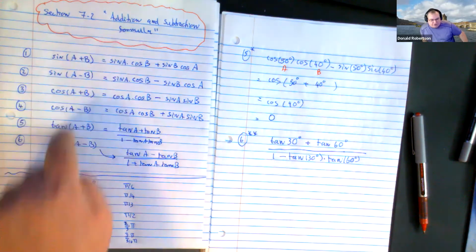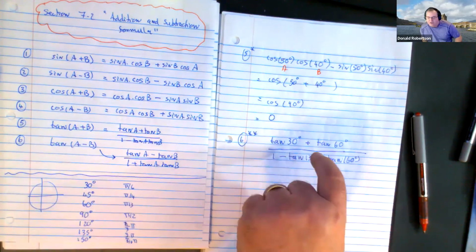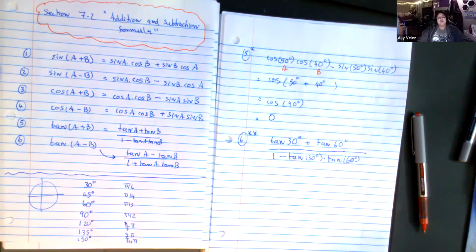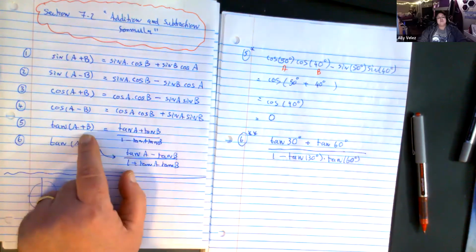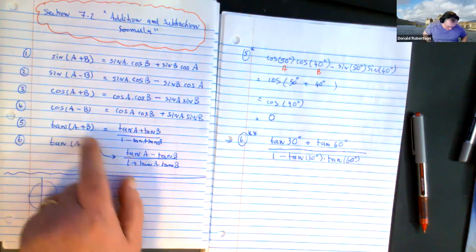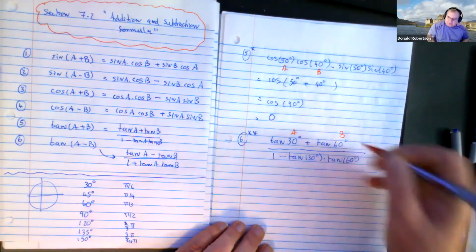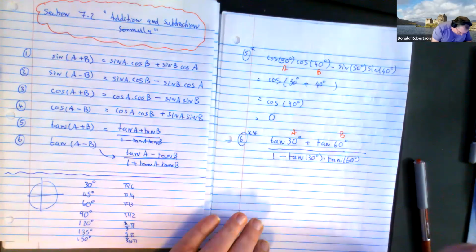Which one of these 6 guys looks like this fella? Number 5. You agree? That one. And in this case, then, won't A be 30 and B be 60? And it's a tan of A plus B.